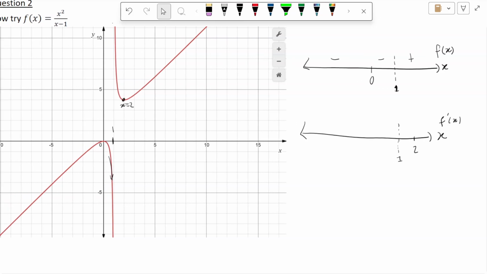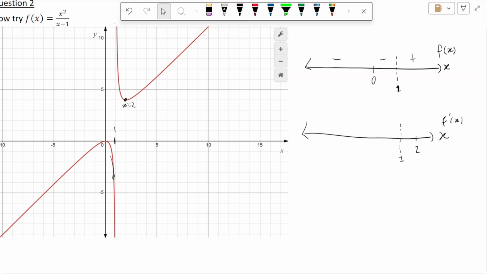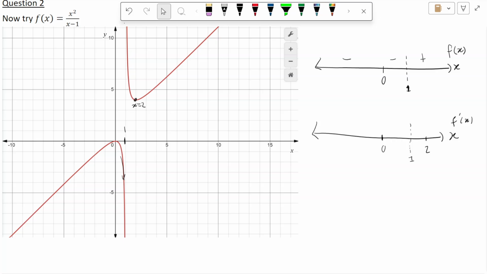And I believe there's another stationary point at 0 as well. So we use the slopes to fill in the pluses and minuses. So here it was sloping up, then after 0 down. After this asymptote, it's still sloping down, and then it's sloping up after 2.